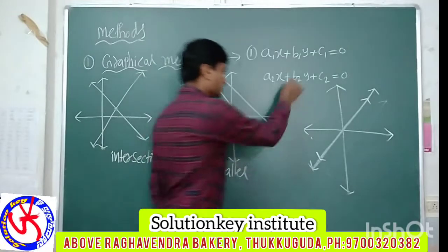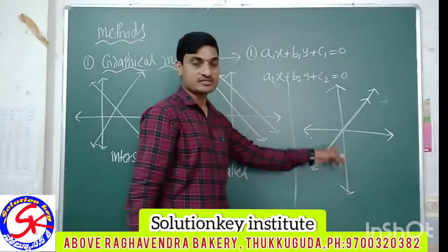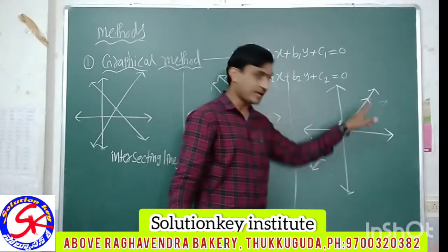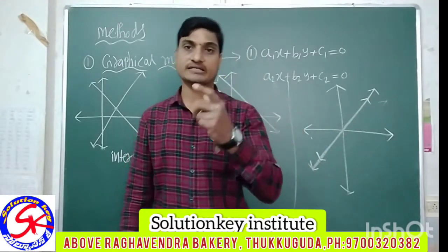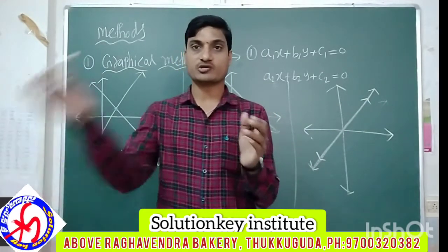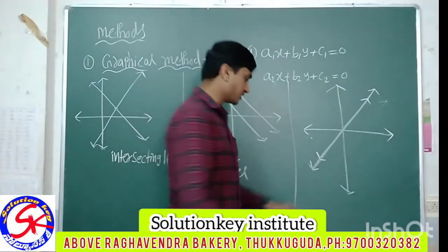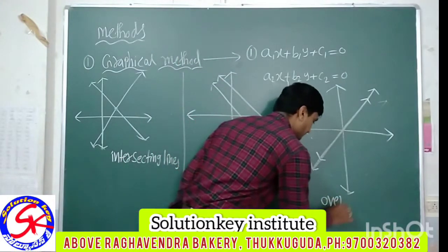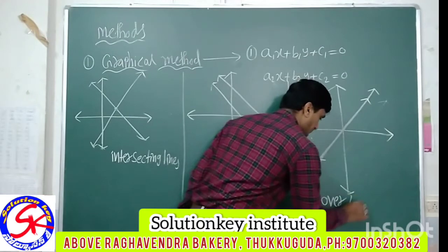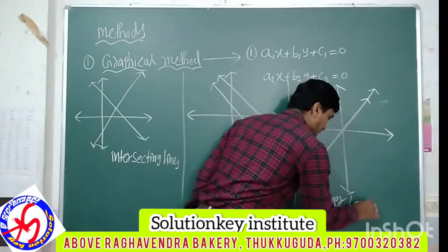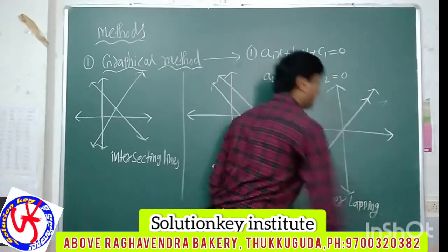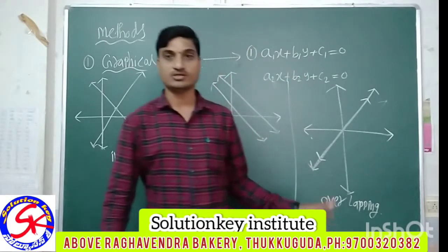And in this third condition, these two lines are not parallel and not intersecting. What happened? The two lines are on the same line. Then these are overlapping. So these are the three conditions.